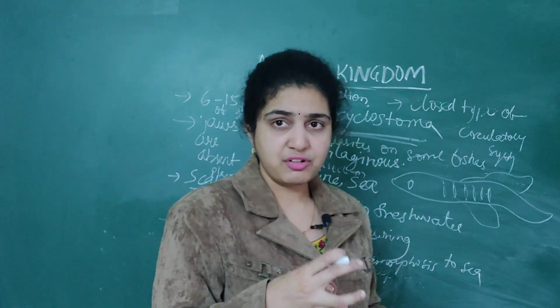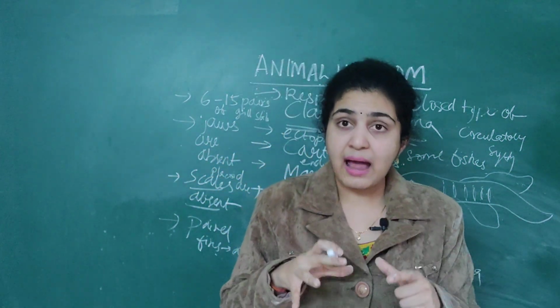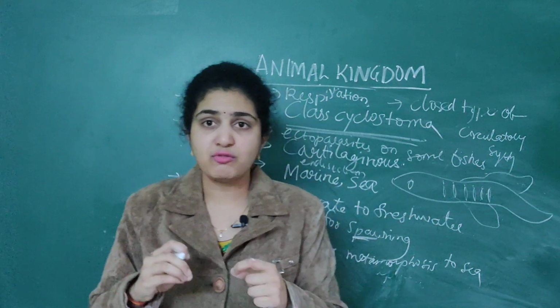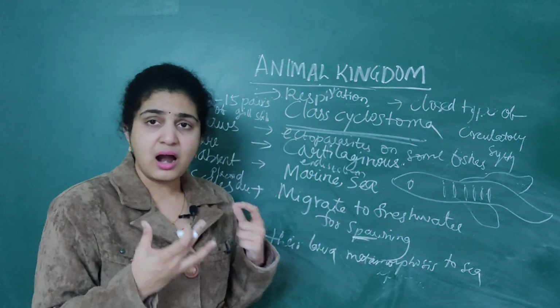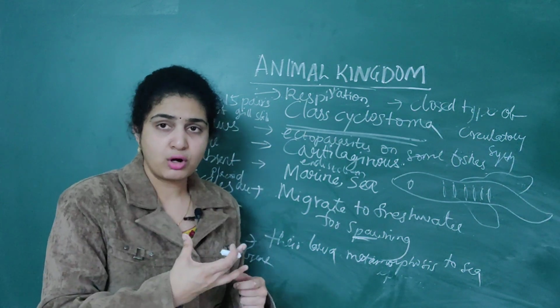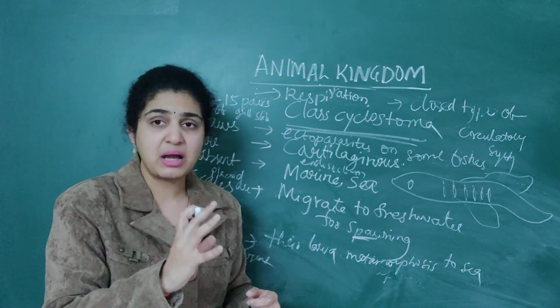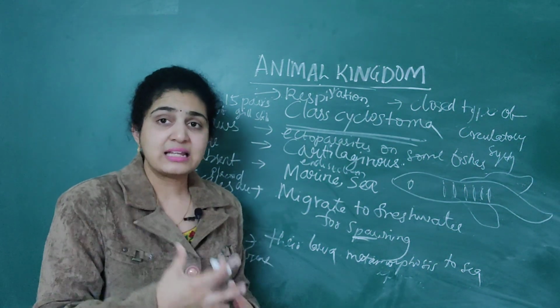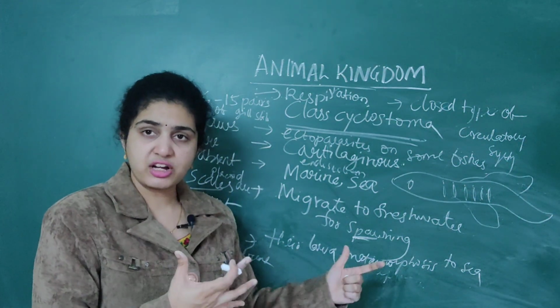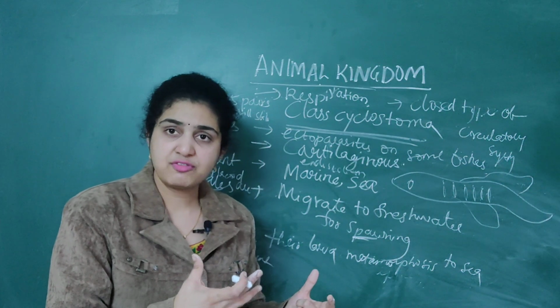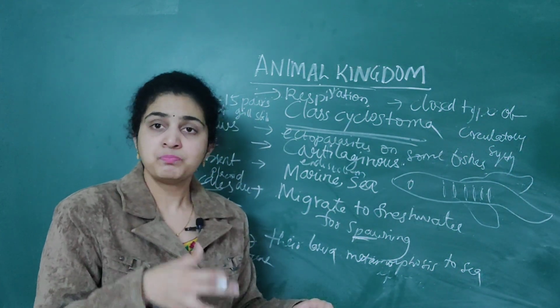They can't stay in fresh water because they are adapted to saline sea water, so only for spawning, to give birth to young ones, they go to fresh water. They survive for some time and they will die there.